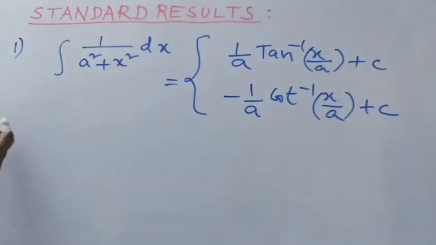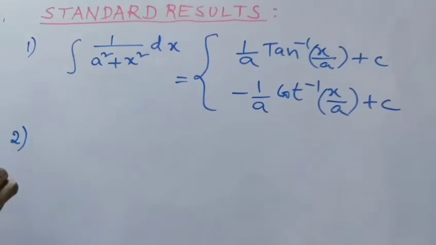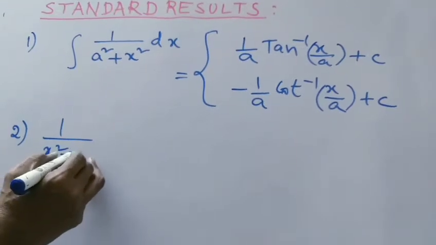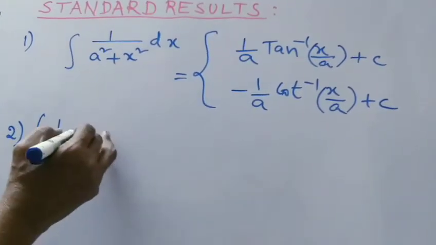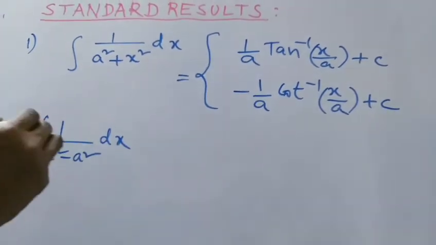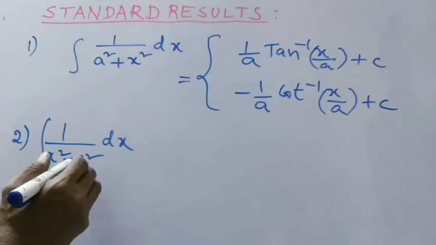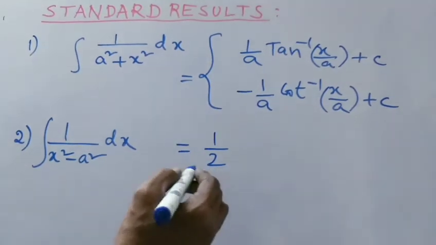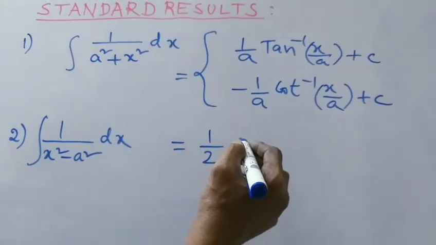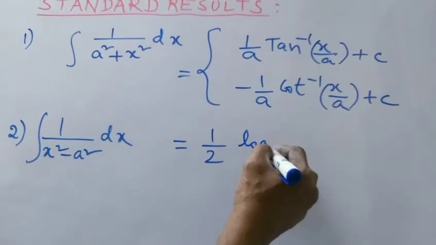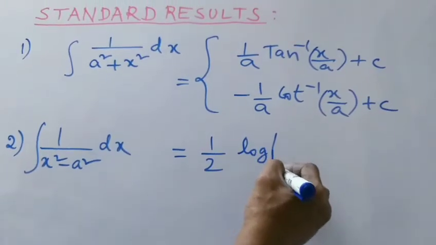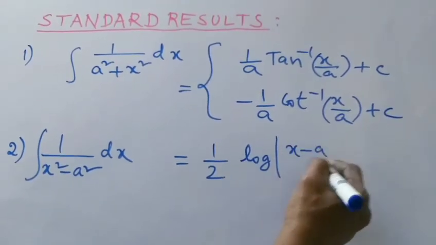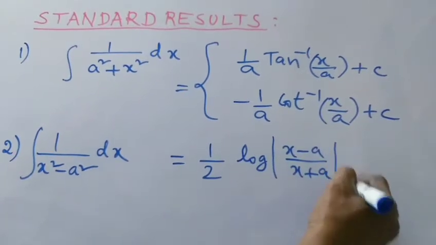Next, second one, the integral of 1 by x square minus a square dx is equal to 1 by 2a log modulus x minus a by x plus a plus c.